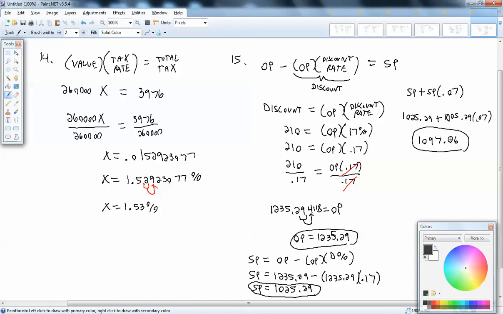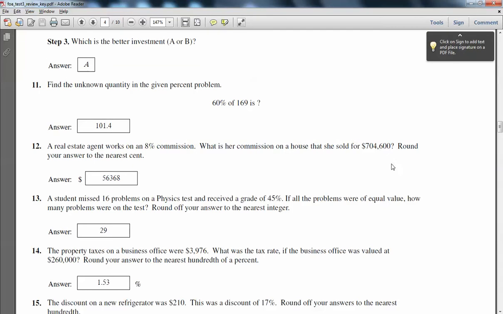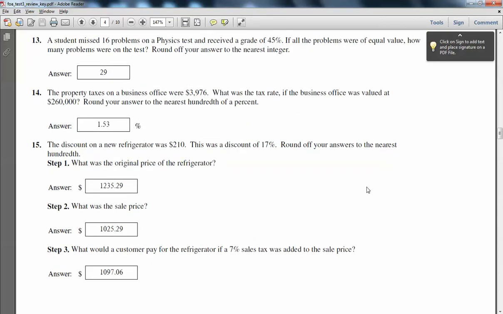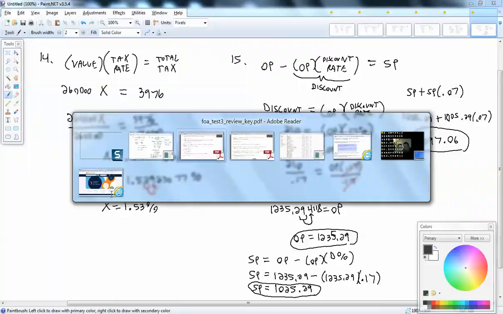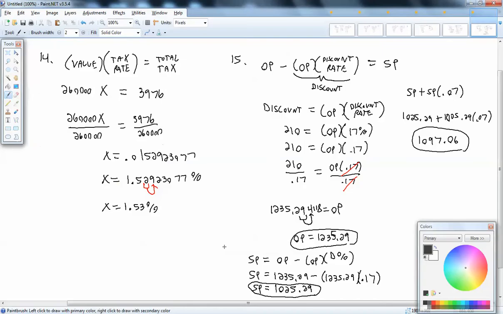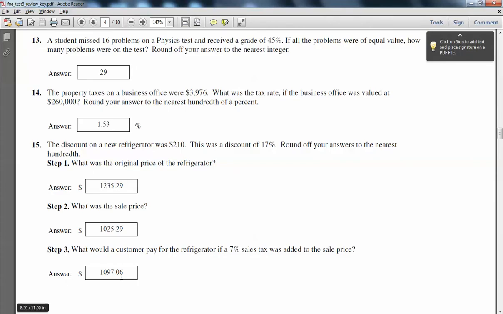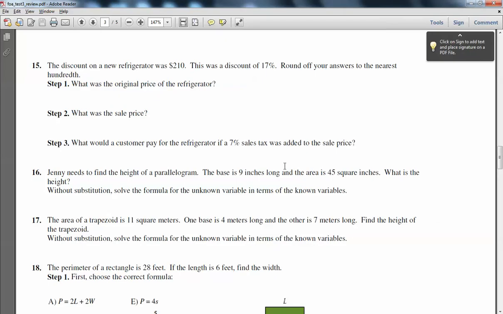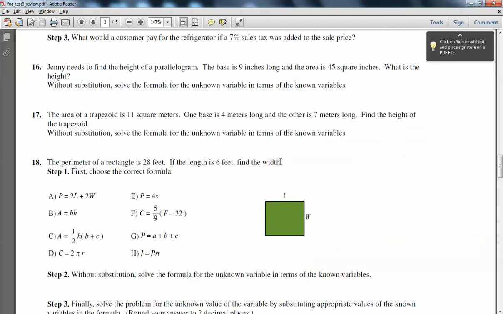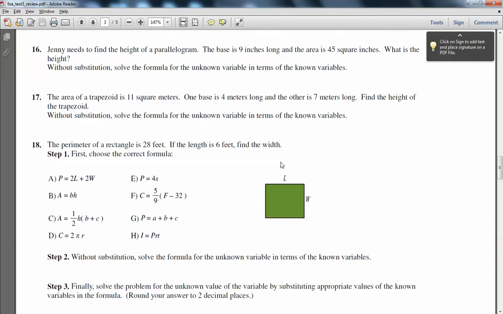Let's go see if I'm wrong. Yeah, I thought that was kind of a high price, but 1235.29, that's correct. 1025.29, that's correct. And 1097.06, that looks correct. Okay, number 16.